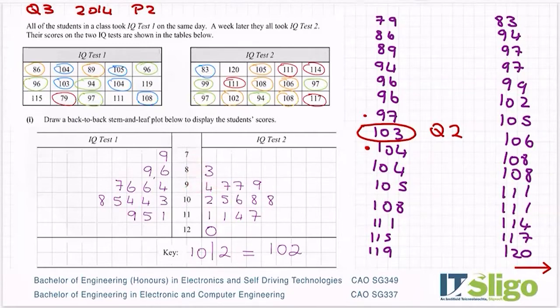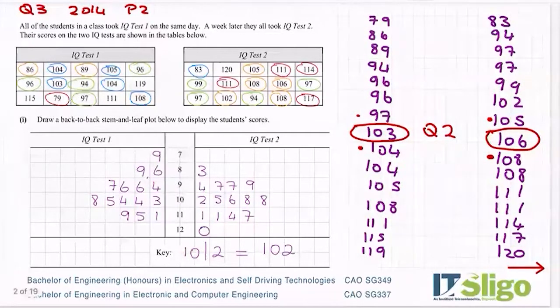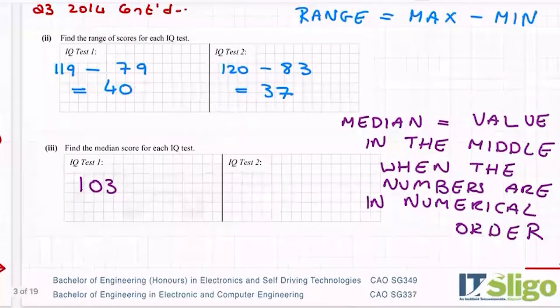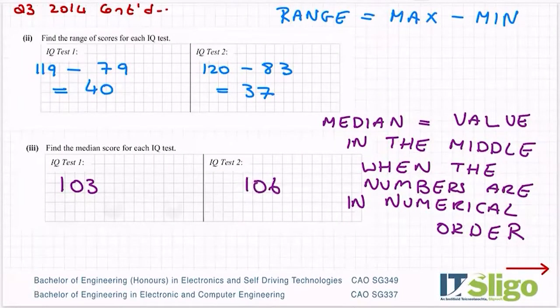So again, the same thing. I'm going to count 1, 2, 3, 4, 5, 6, 7. So 105 is my value in the middle there. 1, 2, 3, 4, 5, 6, 7. That's 7 up. So in this one, I can see 106 is the median for this one. Okay, so 106 is my answer there.